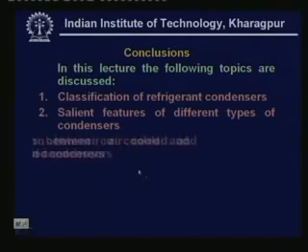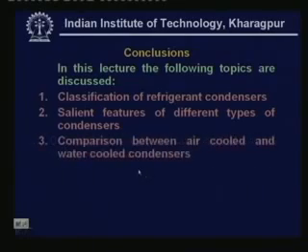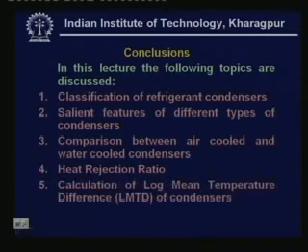We have also seen the comparison between air cooled and water cooled condensers, and the typical advantages and disadvantages of each of these condensers, and we have also discussed evaporative condensers. And then we have defined heat rejection ratio as a function of COP of the system, and then we have discussed the calculation of log mean temperature difference and typical assumptions made in calculating the log mean temperature difference of the condensers.